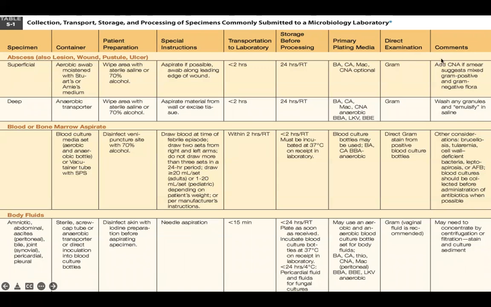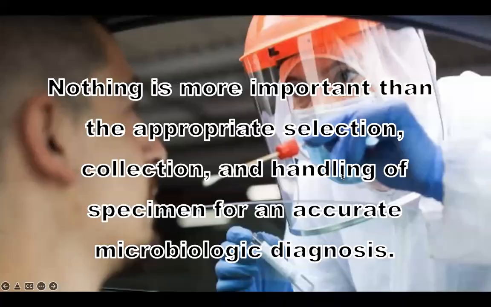Okay, so I'd like you to go through each of those slides containing a portion of the table. Okay, read through it because it's a summary already. You'll come across acronyms. These are acronyms for culture media. You have BA, CA, MAC, CNA, you have BBA, LKV, BBE. Okay. What else?